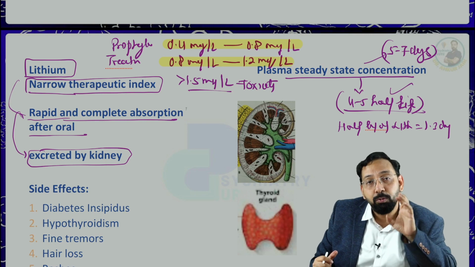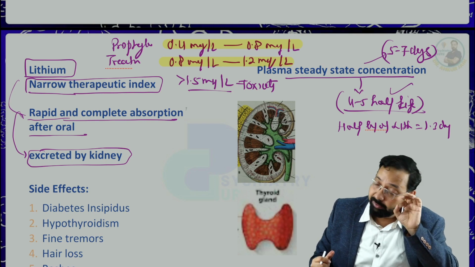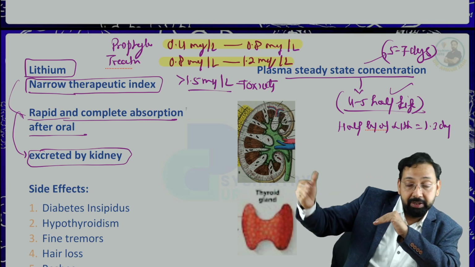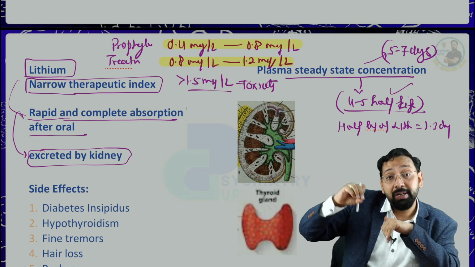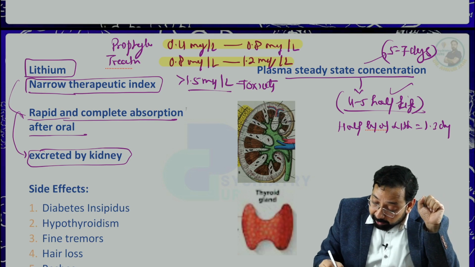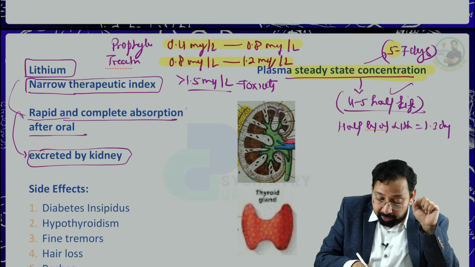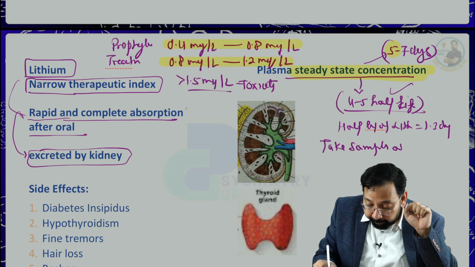What does it mean? Suppose a patient came to me. I want to start lithium. I start lithium and I will ask the patient to come after 5 days. Or if it is in the ward, we ask the resident to take the sample after 5 days, because after 5 days, plasma steady state concentration is achieved. So we take the sample after 5 days.